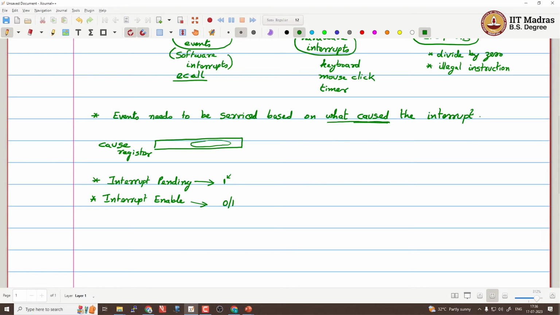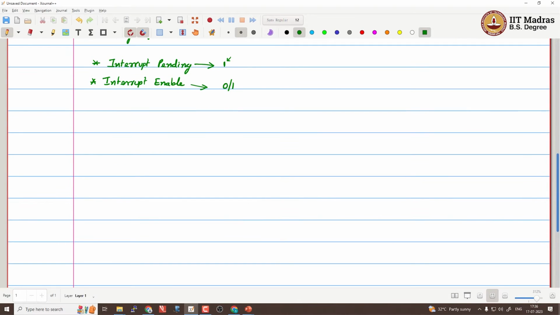Let us go back over here and say that we were executing in the machine mode. RISC-V has the machine mode, the supervisor mode, and the user mode.